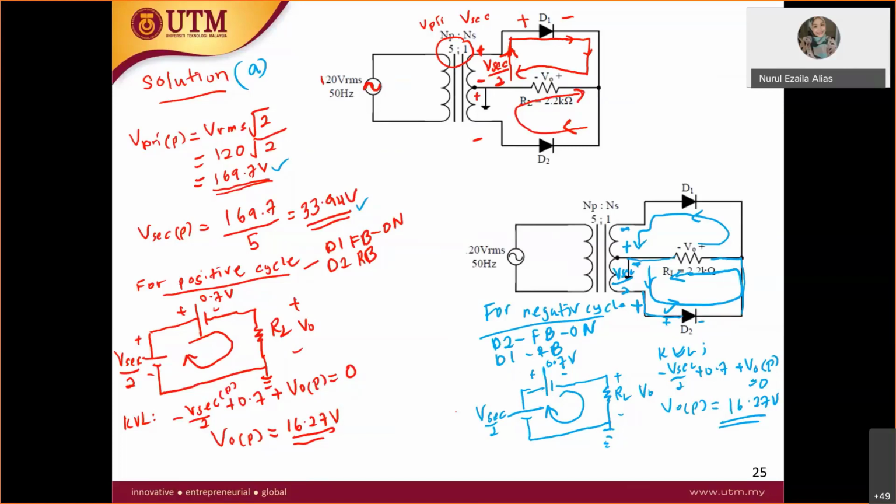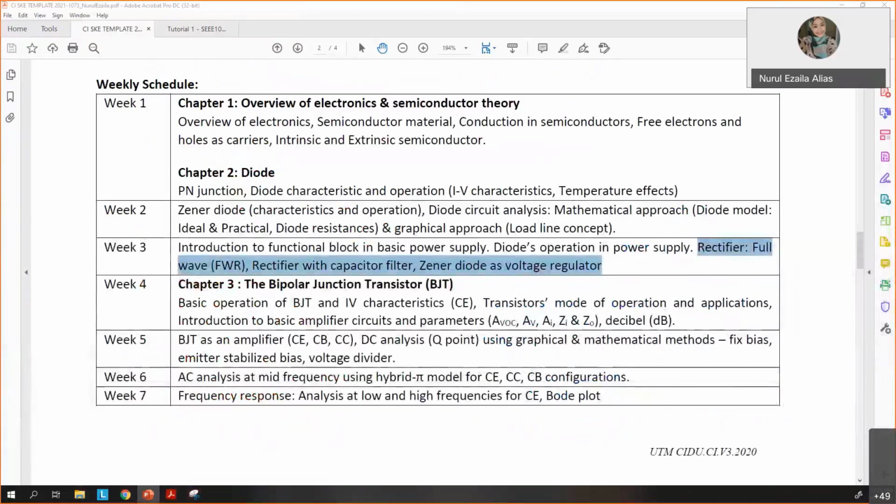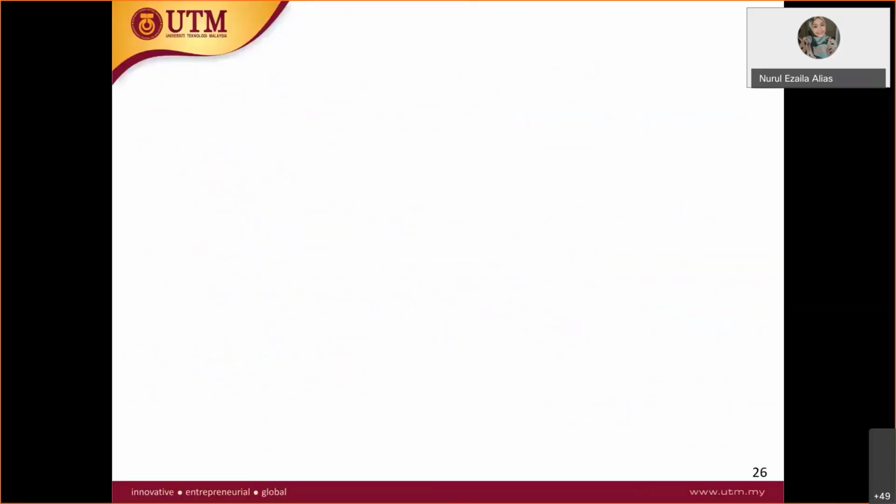We still haven't finished, we are still at the output, still solution 1, to draw the waveform. Can you understand W/F is waveform? Of V out.